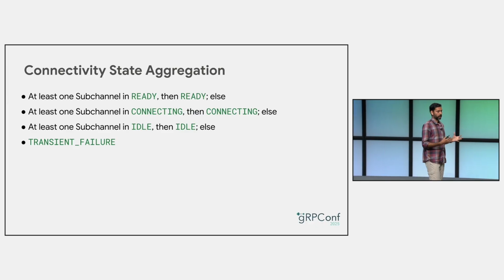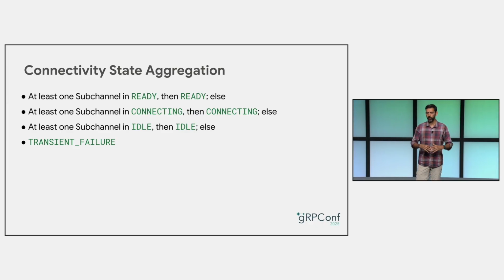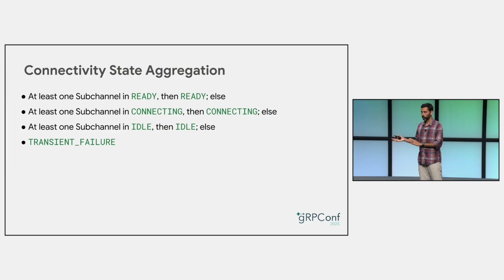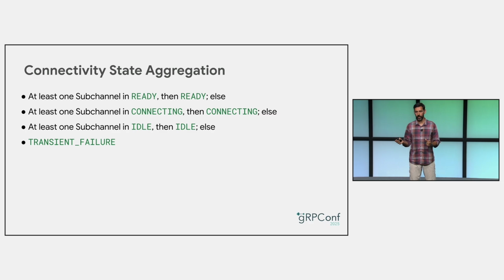The algorithm goes as follows. If there is at least one subchannel in ready, then the overall state of the channel becomes ready. Else, if there is at least one subchannel in connecting, then the overall state goes to connecting. Else, if there is at least one subchannel in idle, then the overall state is idle.